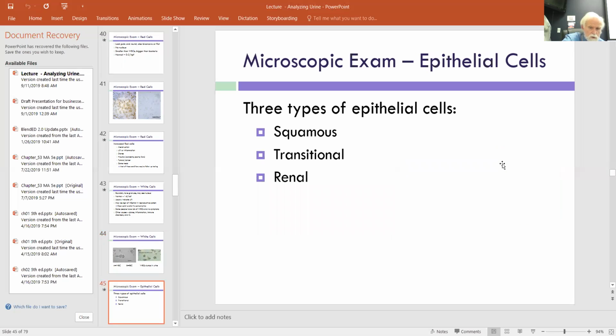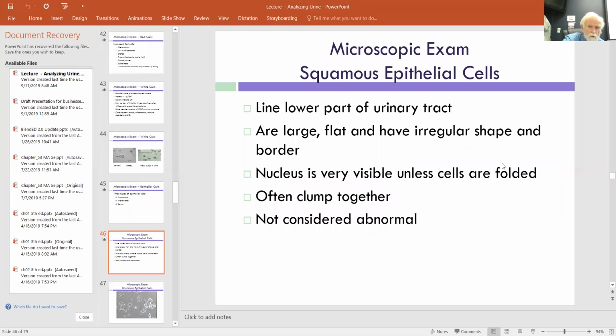So epithelial cells, we've got three types: squamous, transitional, and renal. And the source of the squamous cells is the lower urinary tract. And they are described here: large, flat, irregular shape. Should have a pretty visible nucleus, but maybe not.